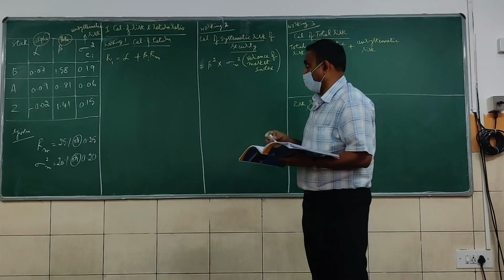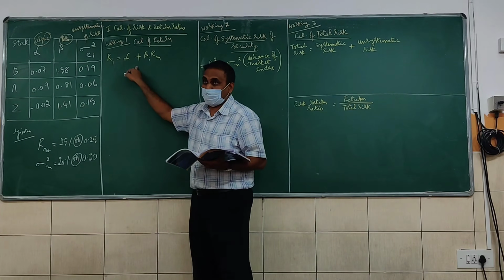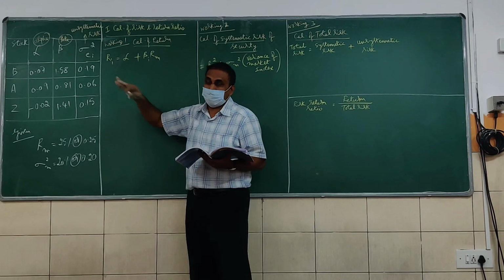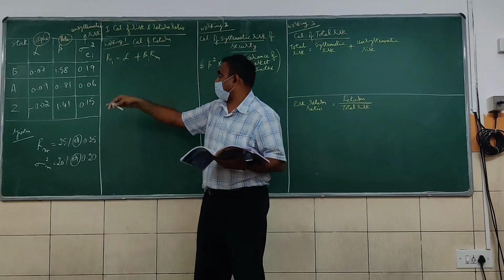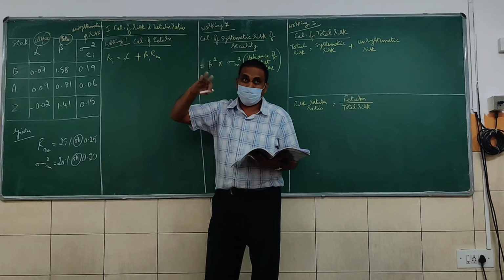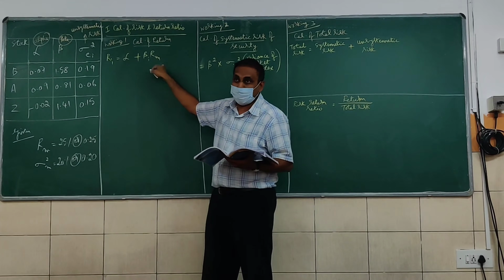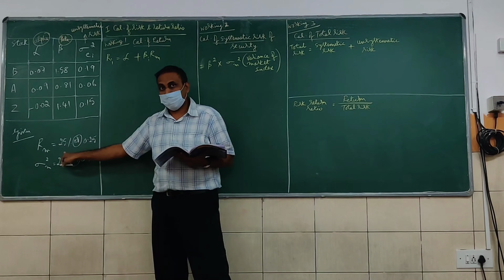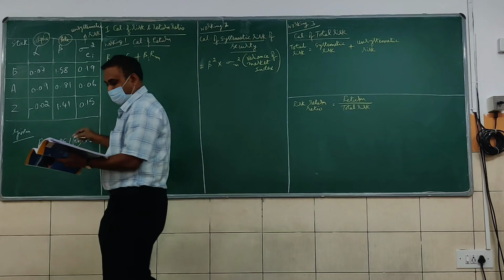Okay, so let me go one by one. First, calculate the return of individual stocks. Ri, the return of an individual stock, is equal to alpha plus beta of the individual stock into RM. RM is the market return.